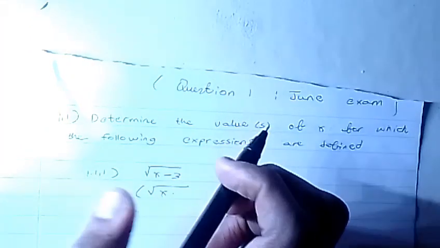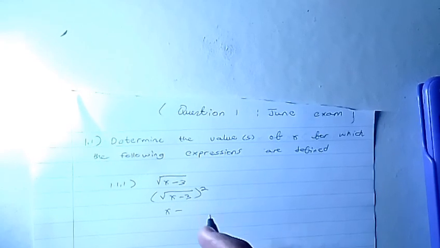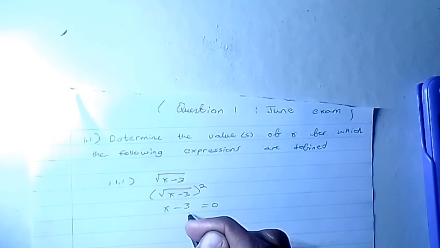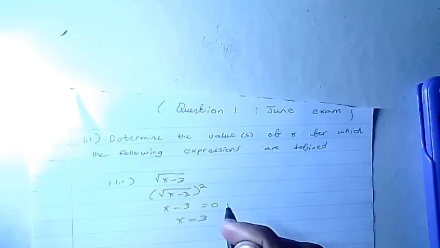Brackets squared, x minus 3 to the power of 2 to remove the square root. So it's going to be x minus 3 equal to 0. We take this minus 3 to the other side, so x equals 3.